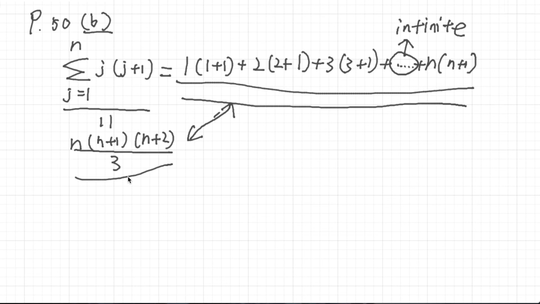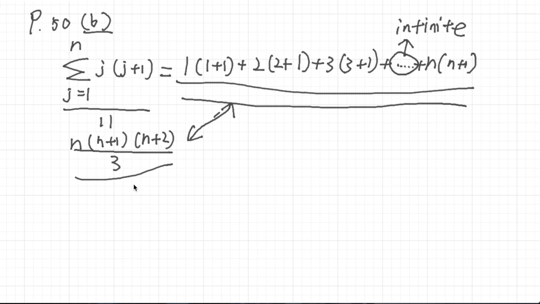It's going to remain this fairly small formula forever, which is why it's useful. And that's what we're doing here, trying to find this finite summation of an infinite series.